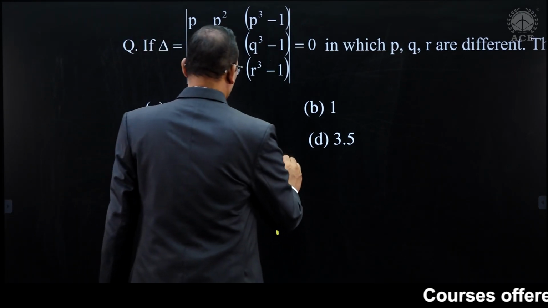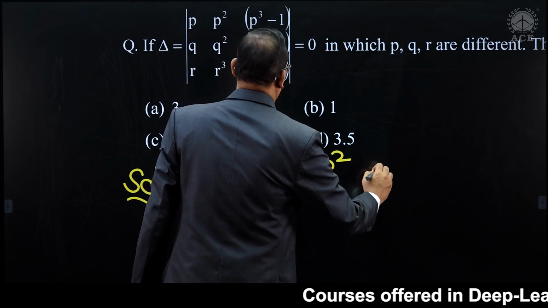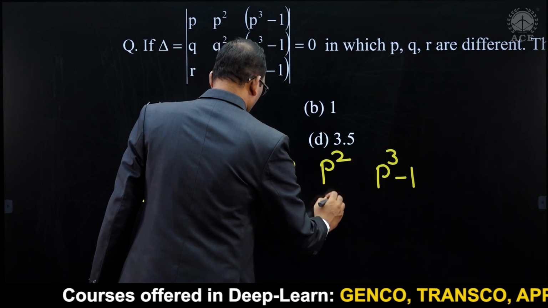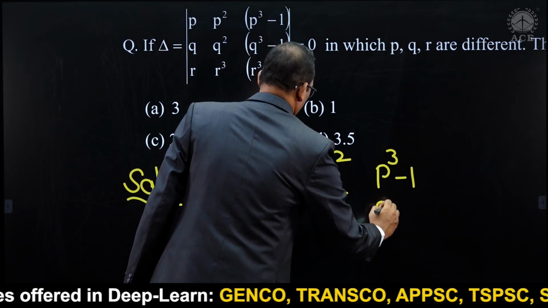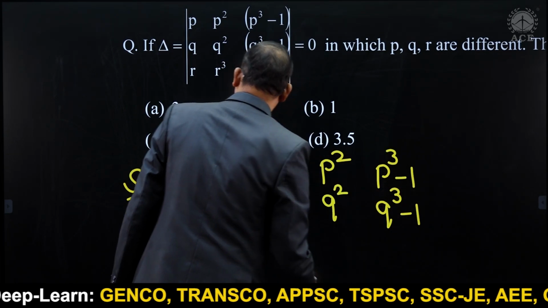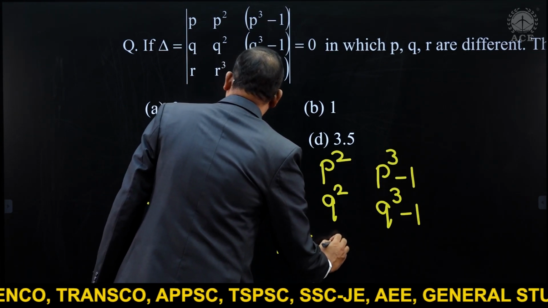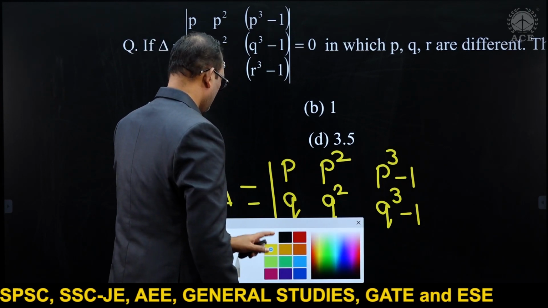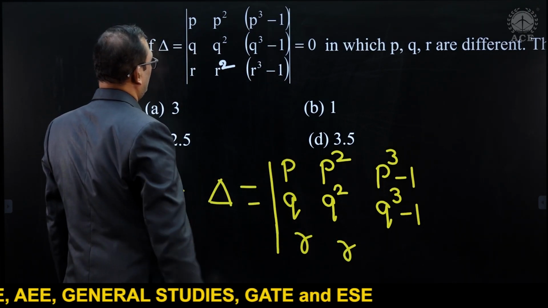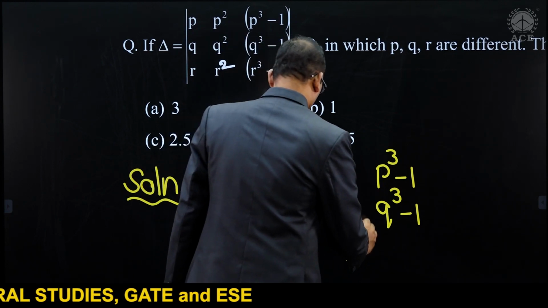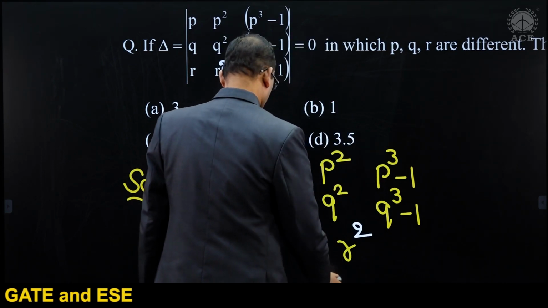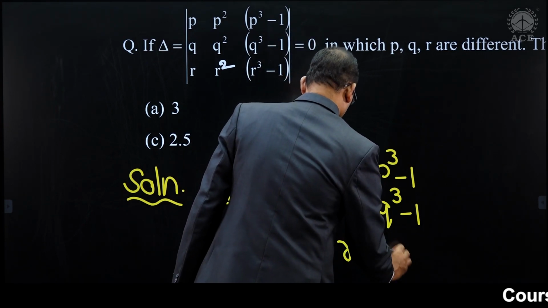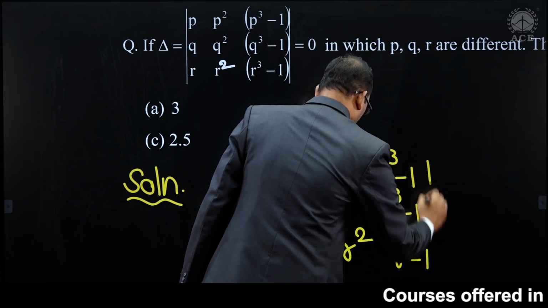Delta is equal to, here p square, here pq minus 1, here q square, q cube minus 1, here r, this is r square, here r square, this is r cube minus 1.